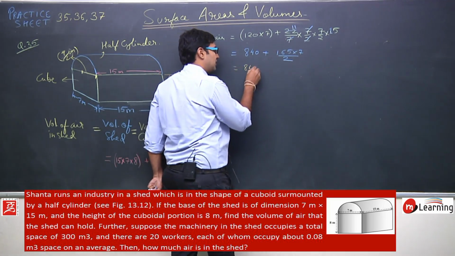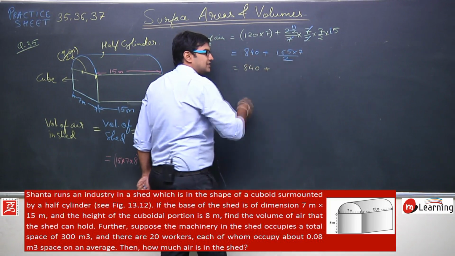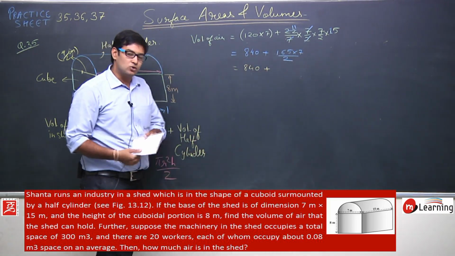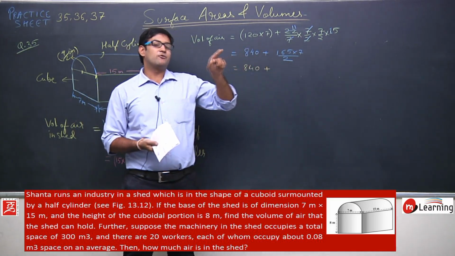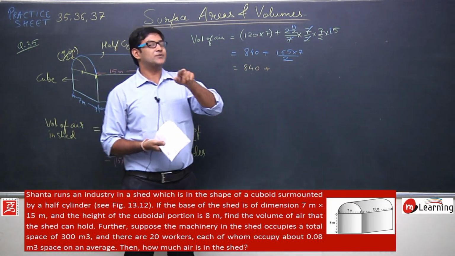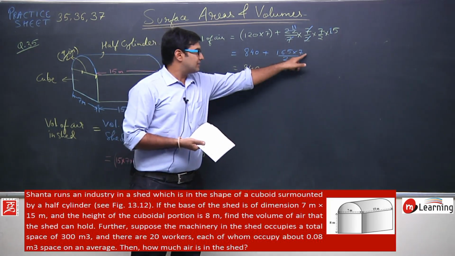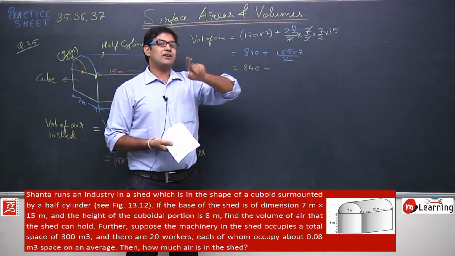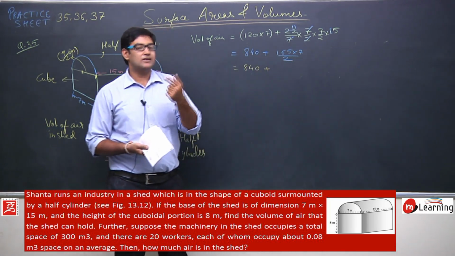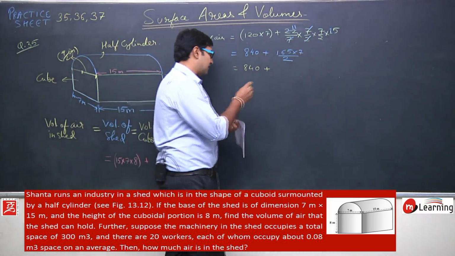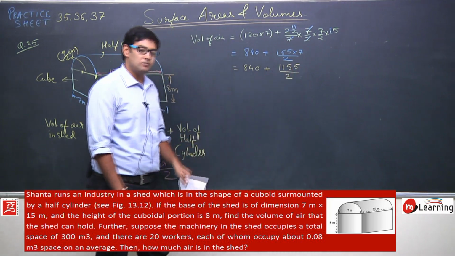This will be 840 plus, now 7 into 165: 7 ones are 700, 7 sixes are 42, but this 6 is at the tens place. So 700 plus 420. So 700 plus 400 is 1100, and plus 20 is 1120. Now 7 fives are 35. So 1120 plus 35 will give you 1155. Okay. So 1155 divided by 2, this is the volume.